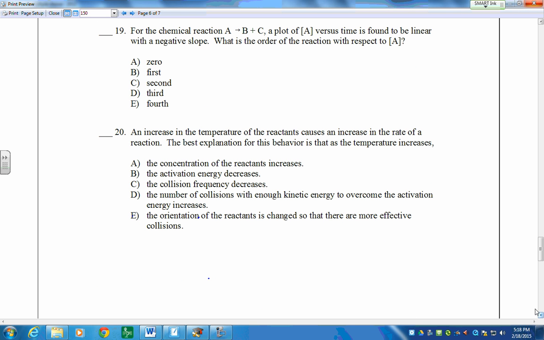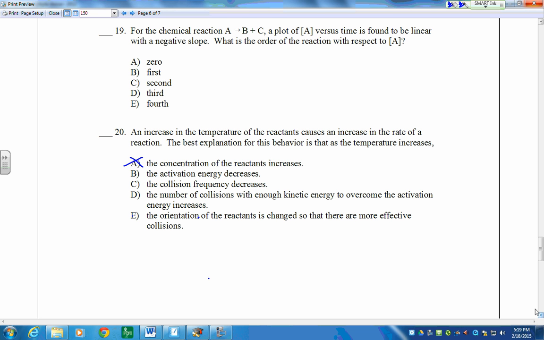All right, 20. An increase in the temperature of the reactants causes an increase in the rate of a reaction. So how come when you heat something, the reaction tends to go faster? The best explanation is that as the temperature increases, the concentration of the reactants increases. That's not true. The only thing that happens when you heat something is that it moves faster and collides harder.